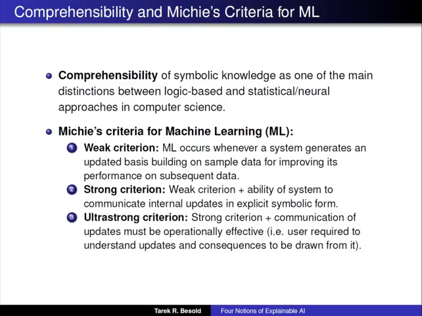And then there is what's called ultra-strong learning. And this presumably is what many of us in this room would aim for, although few will be aware of it. Here, the strong criterion has been met, so there has to be machine learning, as we understand it, there has to be communication, but additionally, the communication of the updates must be operationally effective. So the user of the system is required to understand the updates and can draw reasoning consequences from it.